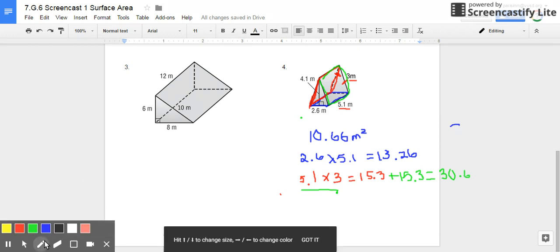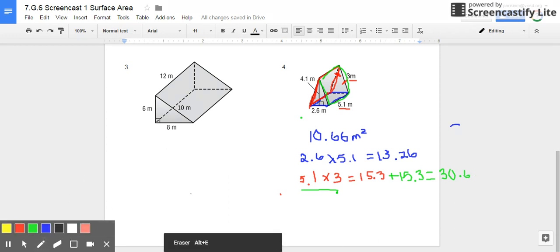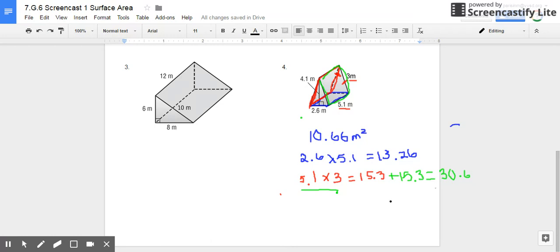So now I'm going to add all of those together. I'm going to use a different color. So I have 30.6, I have 13.26, and I have 10.66. I'm going to add those all up. Let me write these out for you.